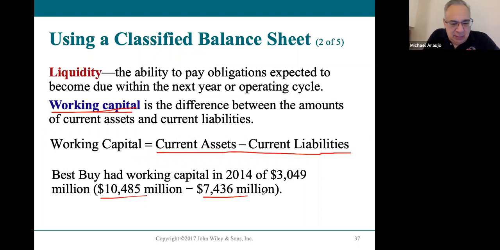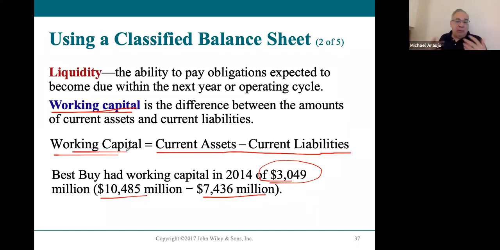They had $7.43 billion of current liabilities. The difference, because we're just subtracting here, is the working capital. So they technically would have about $3 billion of short-term liquidity that they could use for a lot of other things. Again, these are liquidity ratios. This is the first one.